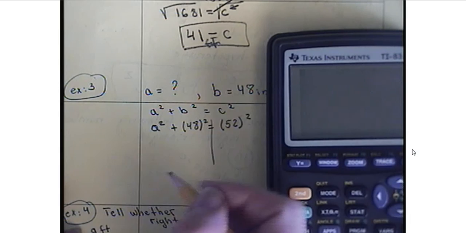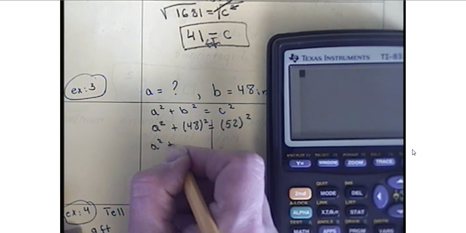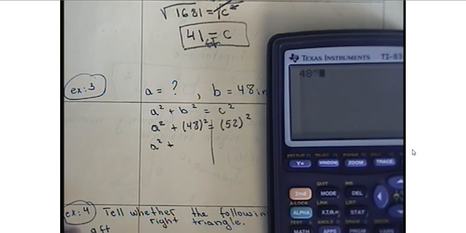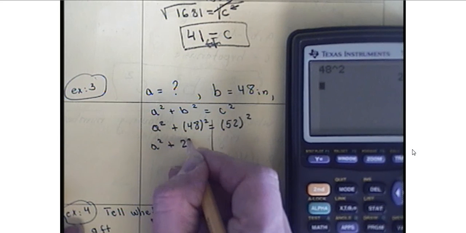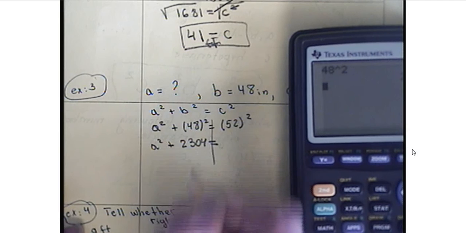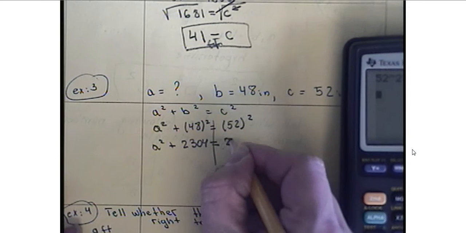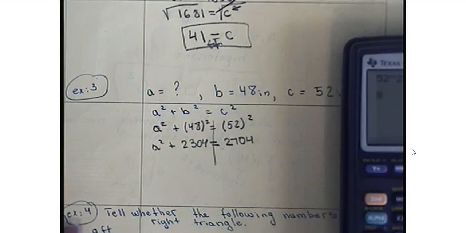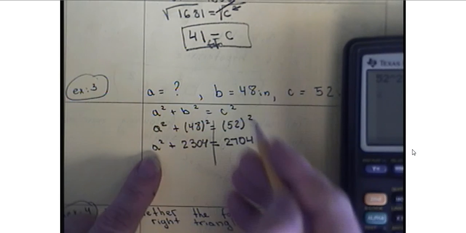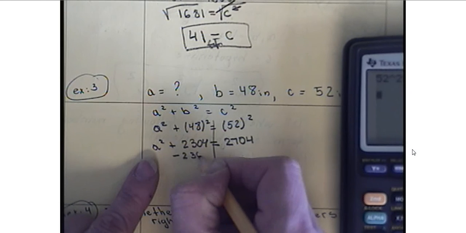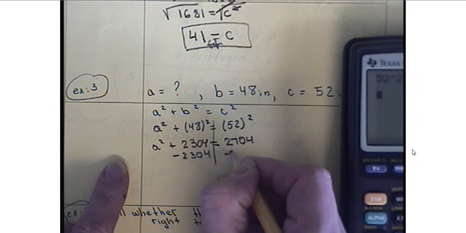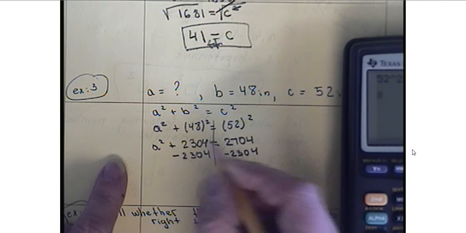So A squared plus 48 to the second power, which is 2304, is equal to 52 to the second, which is 2704. Now, in order to solve for A, we will subtract 2304 from each side. Those two cancel.